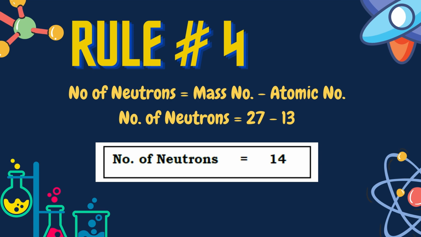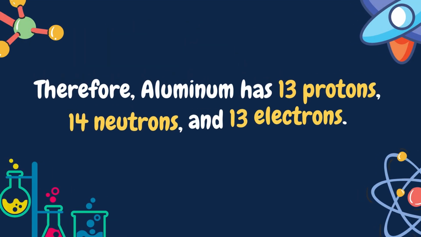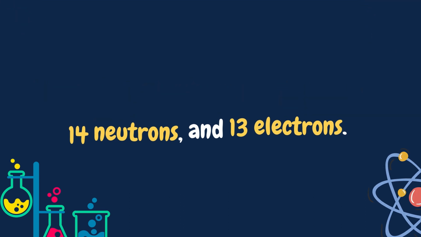Our mass number for aluminum is 27 and our atomic number is 13. 27 minus 13 is equal to 14. Therefore, number of neutrons is equal to 14. Therefore, aluminum has 13 protons, 14 neutrons, and 13 electrons.